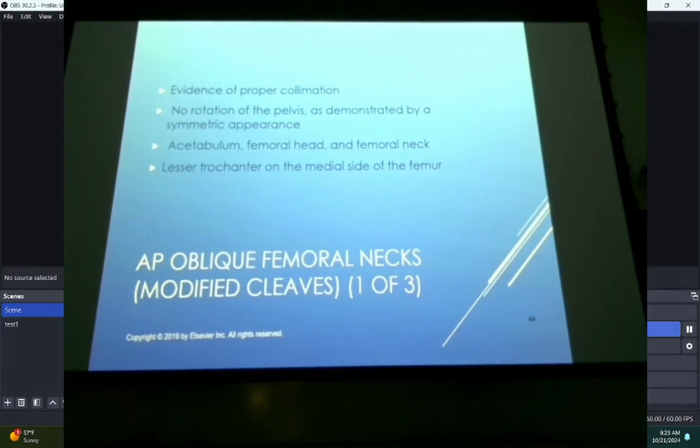Okay, that's the original Cleaves method. That's not what we do. Okay, so flip back one page, page 398. That's your bilateral frog leg.